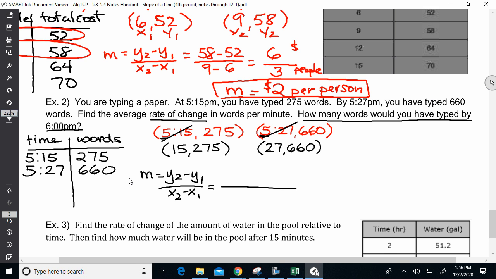So, what goes at the top and what goes at the bottom? How should this be set up? It should be 660 minus 275 at the top, 27 minus 15 at the bottom. That sounds absolutely wonderful. That's perfect setup. There's your x1, there's your y1, there's your x2, there's your y2.